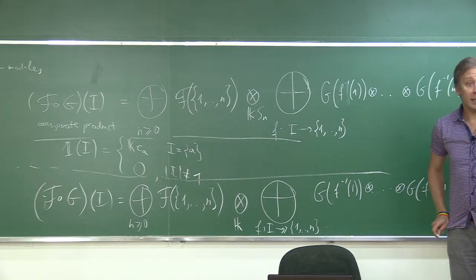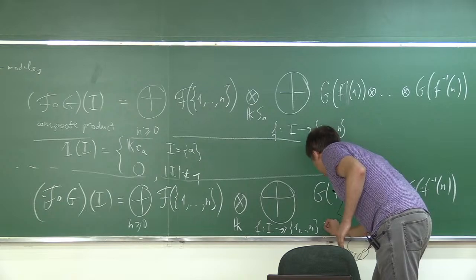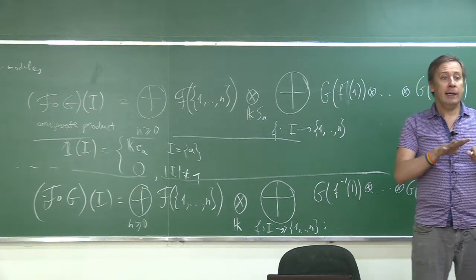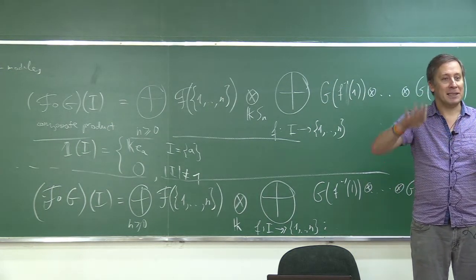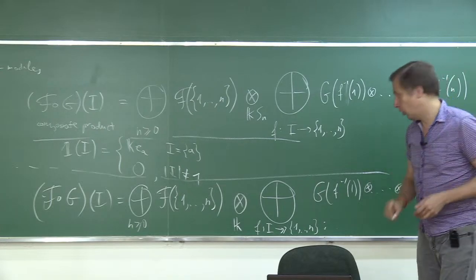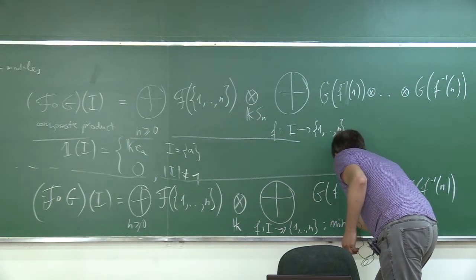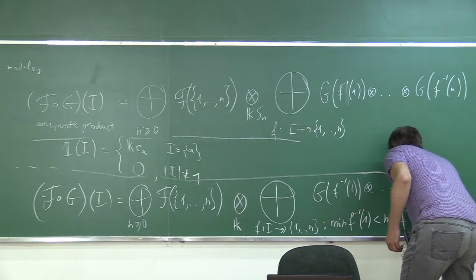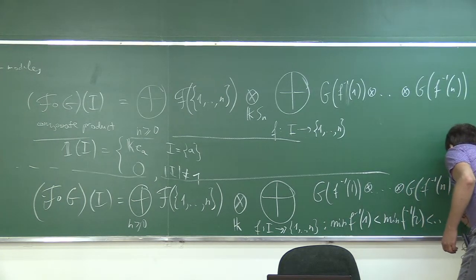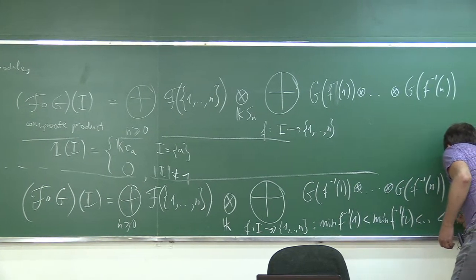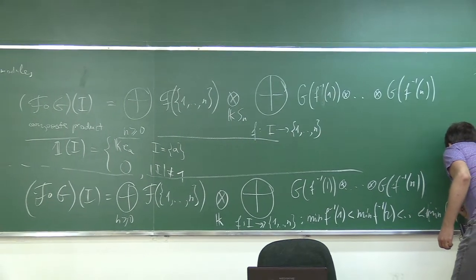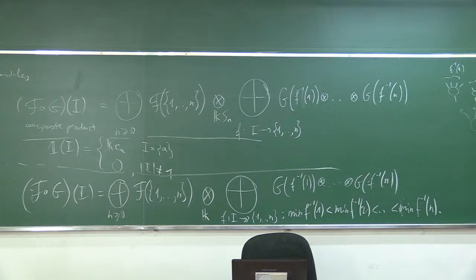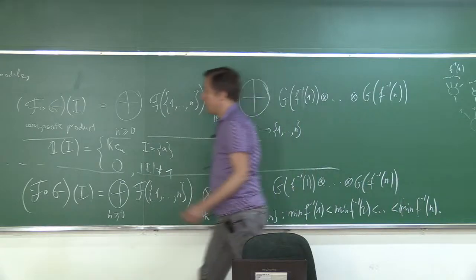No, any surjective map with the following condition that I'm going to write now: the only order that I'm going to care about is that the minimal elements of the preimages are in order. So the minimum of the first preimage is less than the minimum of the second preimage, is less than the minimum of the last preimage.